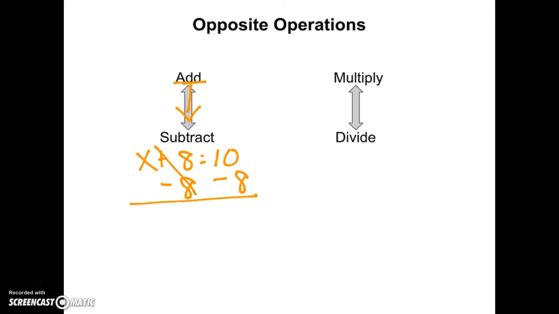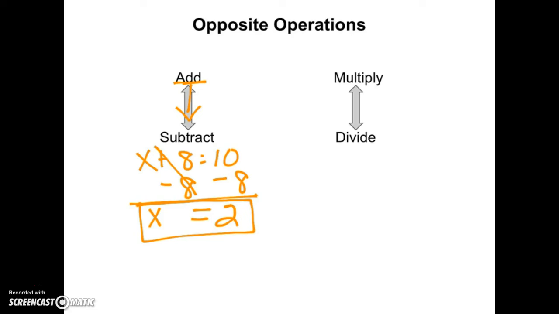Over here, 8 minus 8 is going to subtract out to be 0. So I have x plus 0, you don't need to write that, is equal to 10 minus 8, which is 2. So my answer then would be x equals 2. And again, in order to solve that, I have to be able to identify my opposite operation.